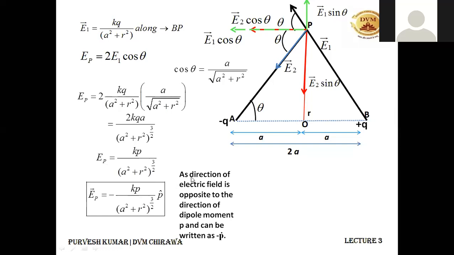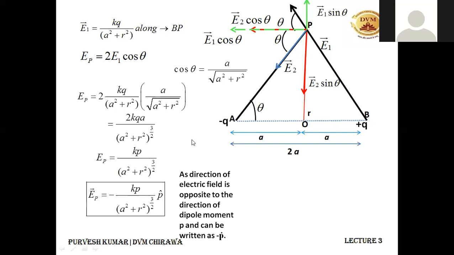So the direction of the electric field is opposite to the direction of the electric dipole moment P, and it can be written as minus P cap. That's why this minus sign comes. So this is the final expression for the electric field at an equatorial point, that is Kp upon A square plus R square to the power 3 by 2.